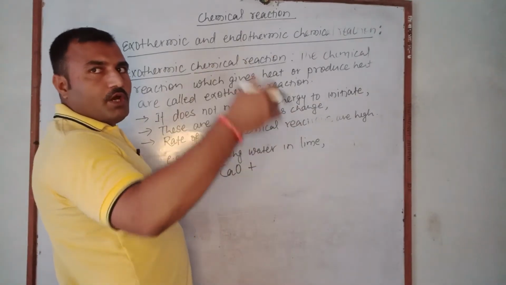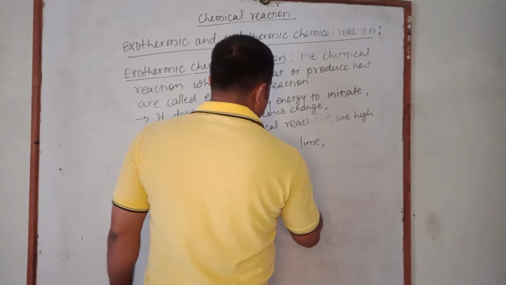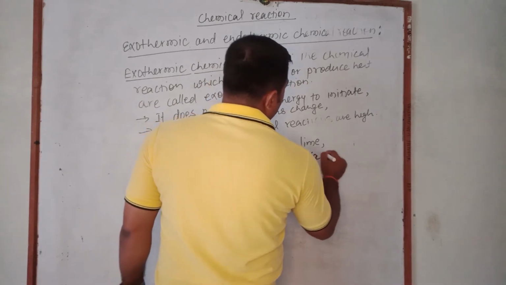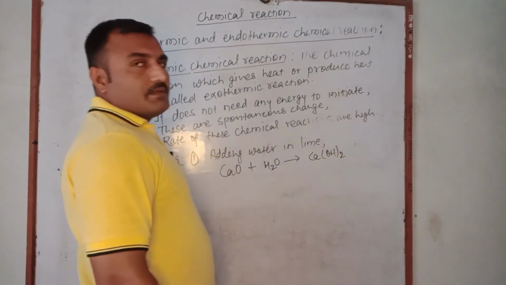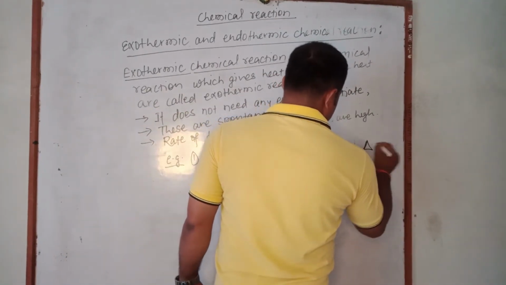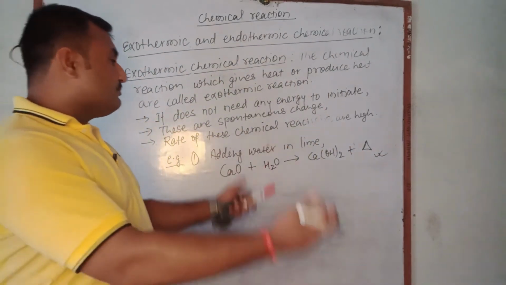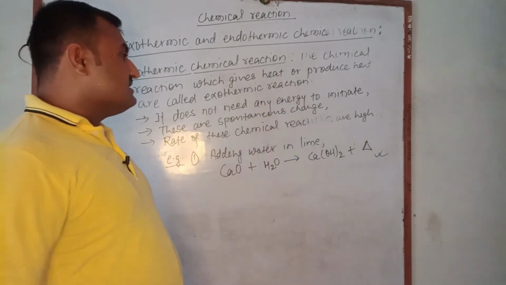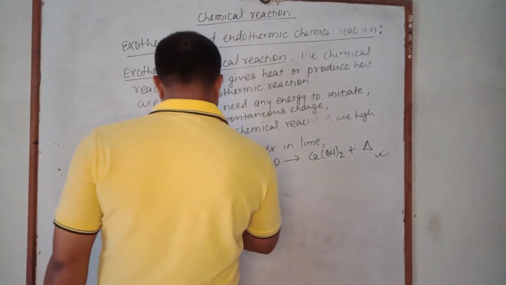When we pour or add water in lime, then lime water or slaked lime is formed there, and it gives heat energy. That is, on the product side, heat energy is produced, and therefore it is exothermic reaction.